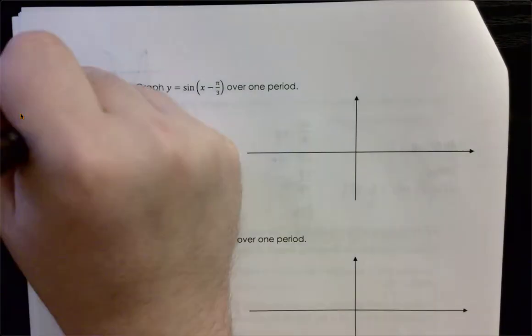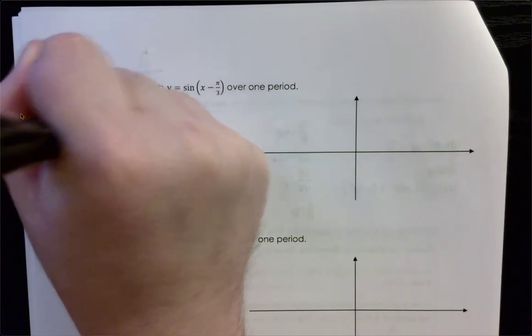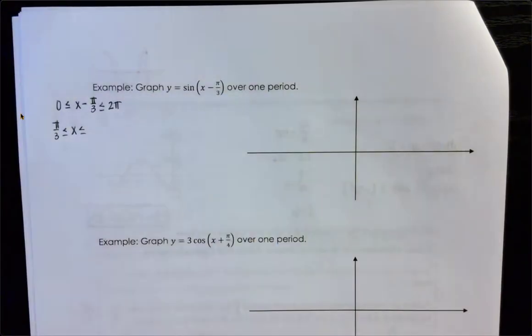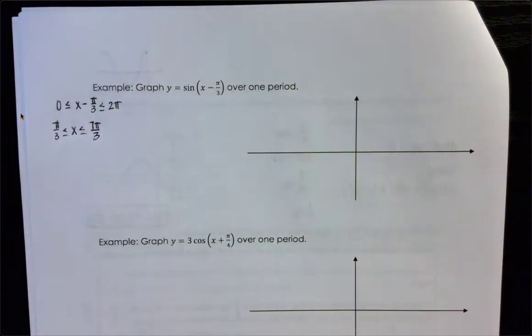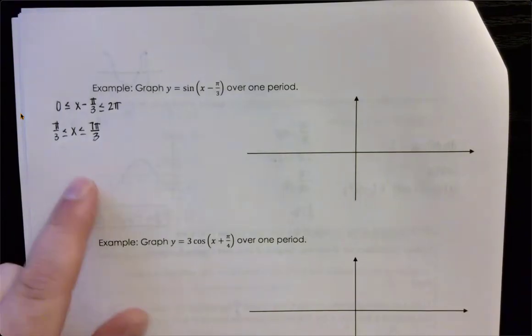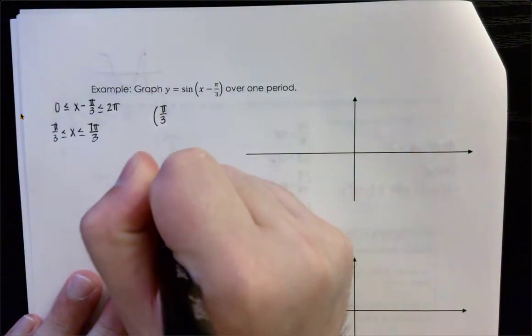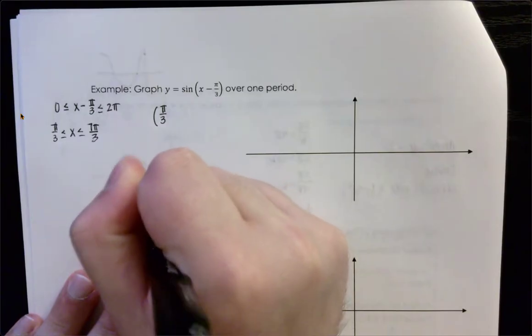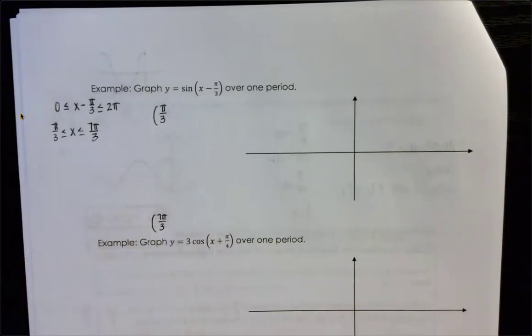Add pi over 3 to everything. So now we're going from pi over 3 and ending at 7 pi over 3. So these are going to be your new start and end values.